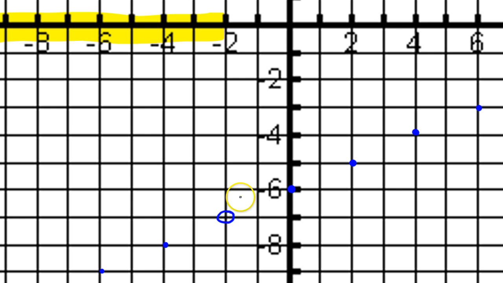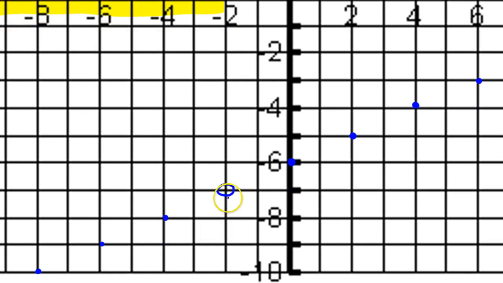If it had said less than or equal to, I would have made this a closed circle. So I'm going to include the part of this blue line that goes to the left, because that's my domain. Going to the left, that's going to include all these values over here, and I'll go ahead and draw that in.